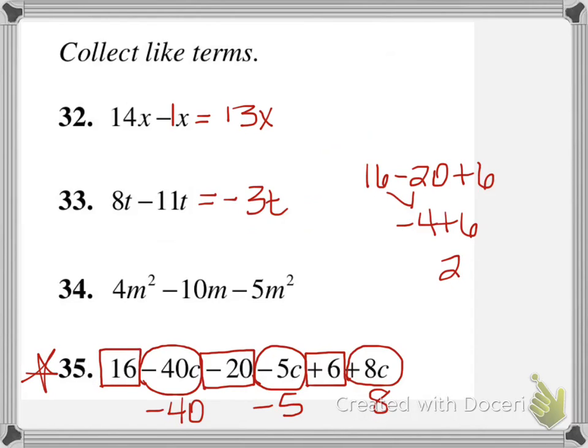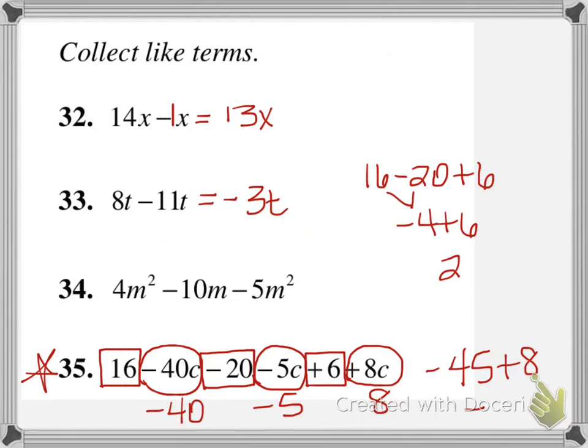So negative 40, negative 5, that's negative 45 plus 8. So that's going to be, signs are different, subtract. So negative 47. Does that sound correct? And as soon as I said that, I realized it wasn't 47, it was 37.